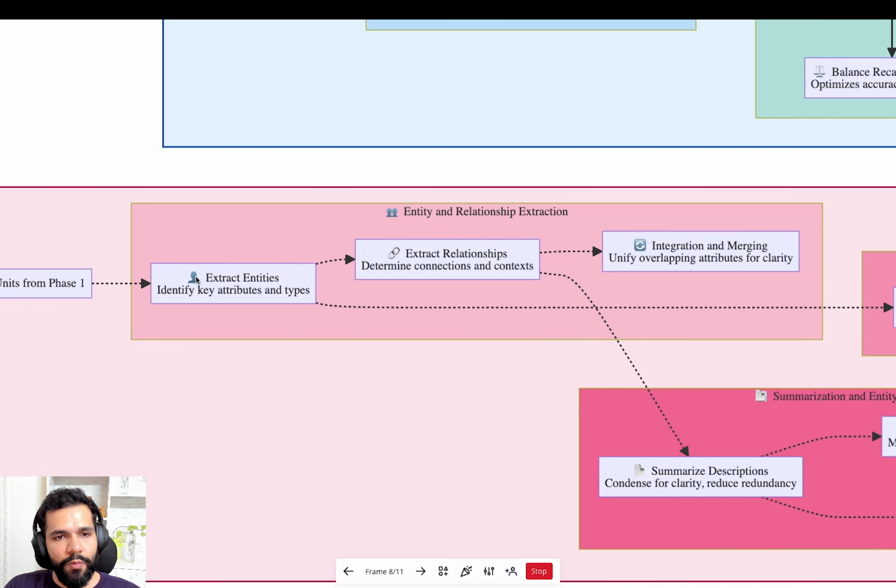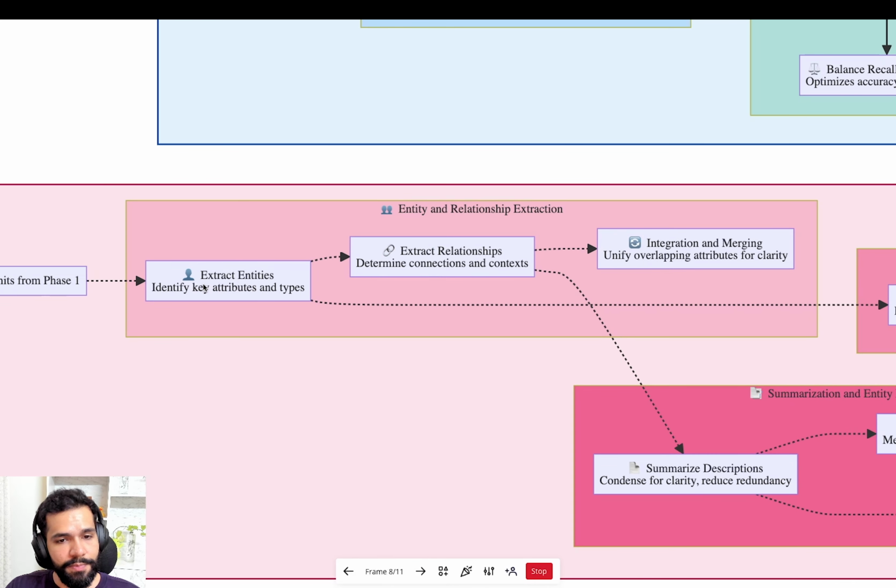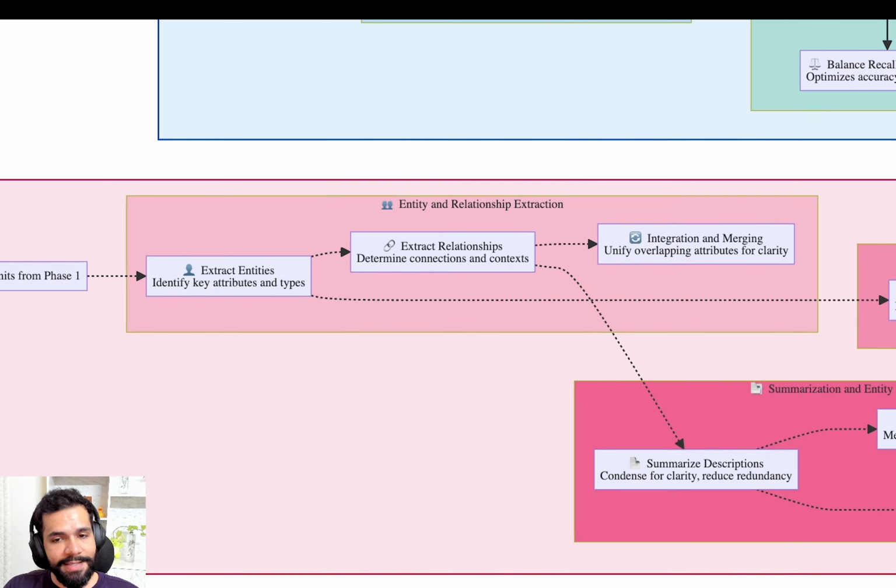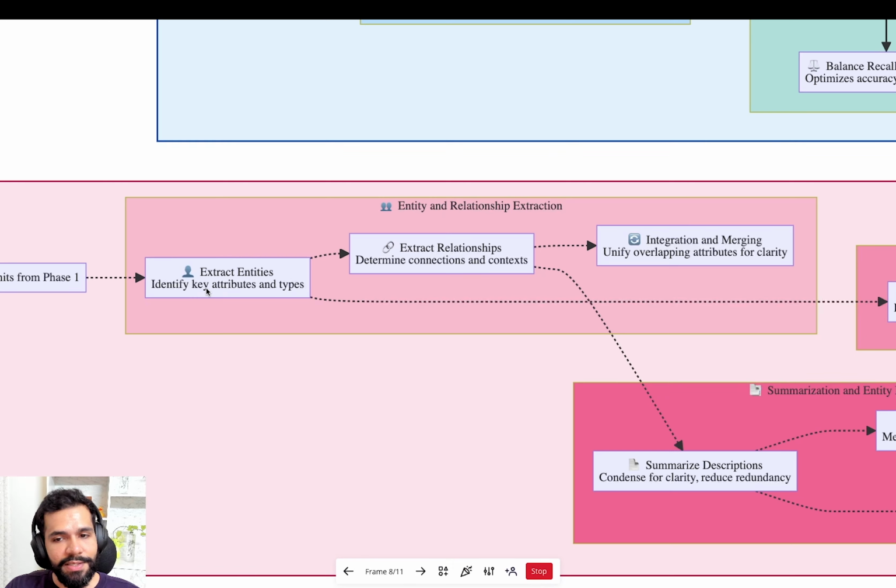We take this in, we employ LLMs and prompts, which are smart enough to dissect these units and extract and categorize crucial elements that form the building blocks of a knowledge graph, right? We are moving towards how we are extracting entities and relationships. So it's not just about data extraction, it's about laying the groundwork for a network of interconnected information.